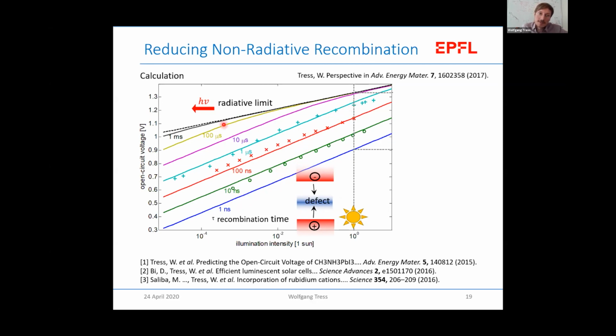And what we can see is that in principle, when we reach 10 microseconds here at 1 sun, we are already more or less very close to what we need. And people are already measuring these values. I just plotted some symbols here.